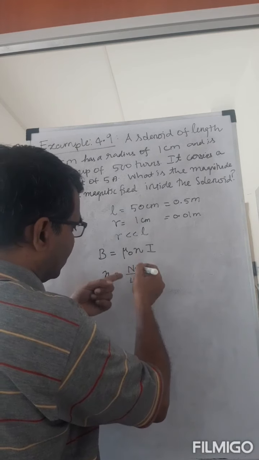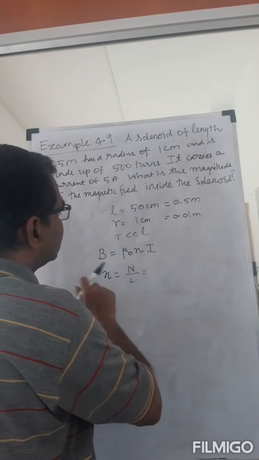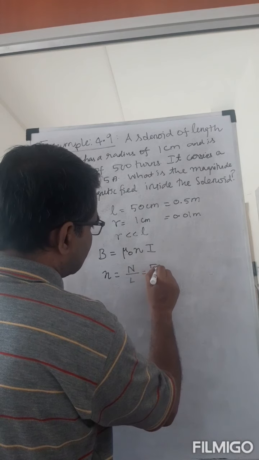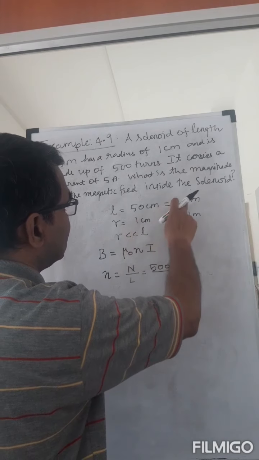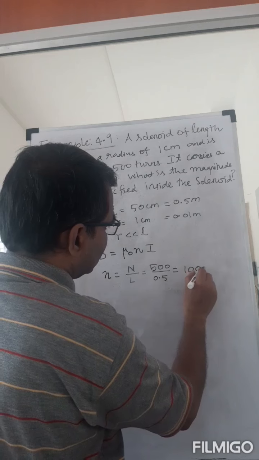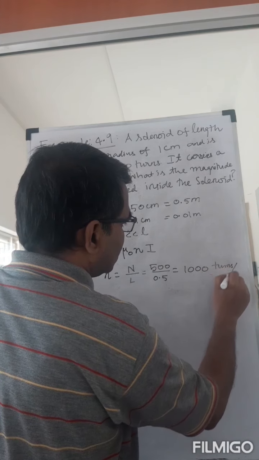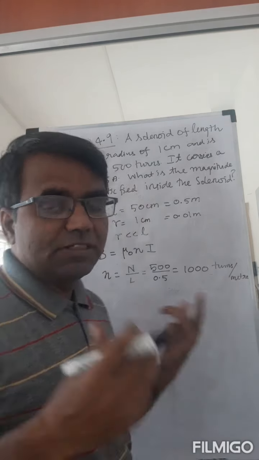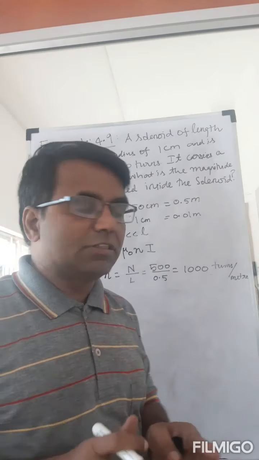Total number of turns divided by the length of the solenoid will give you the small n. So capital N is 500 and this L is 0.5 meters. So this is going to be 1000 turns per meter. It's 500 turns per 50 centimeters, and obviously you will get 1000 turns per meter.